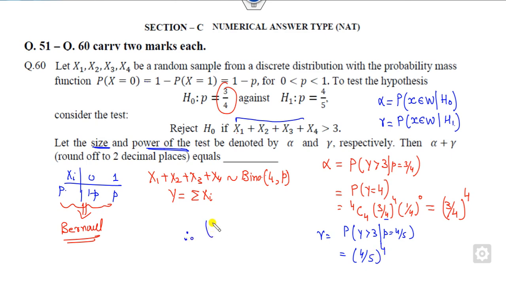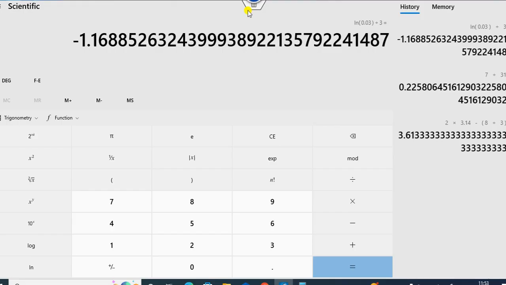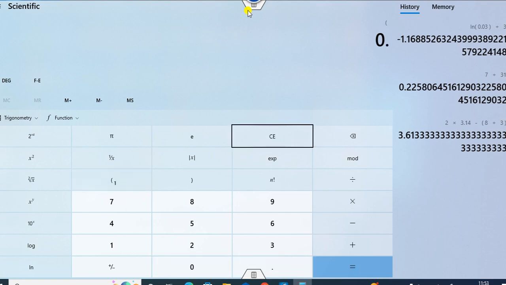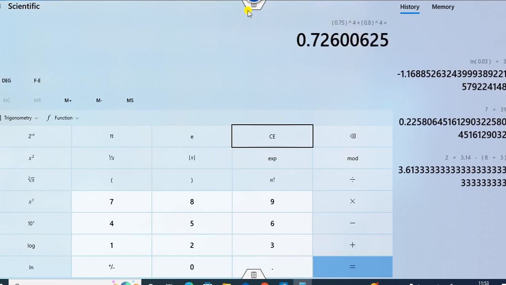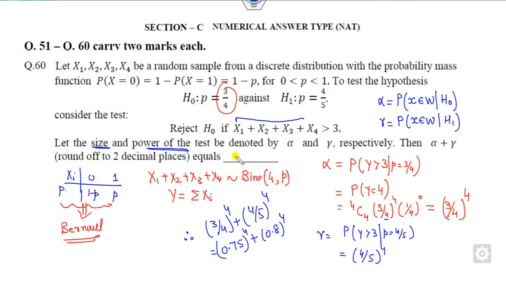So what is the right answer of this? 3 by 4 raised to the power 4 and 4 by 5 raised to the power 4 means 0.75 raised to the power 4 and 0.8 raised to the power 4. We can compute using the calculator. So that is 0.75 raised to the power 4 plus 0.8 raised to the power 4. Answer is 0.726. So 0.726 is the correct answer.